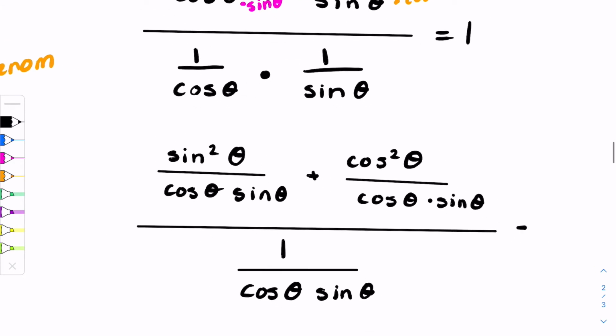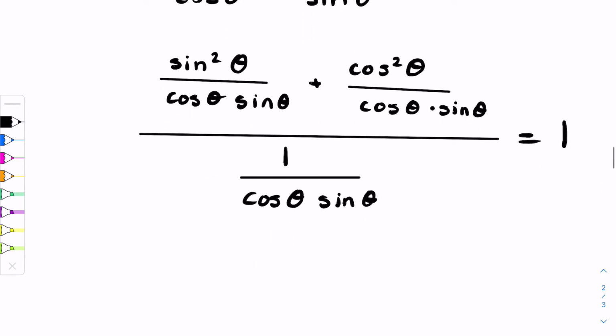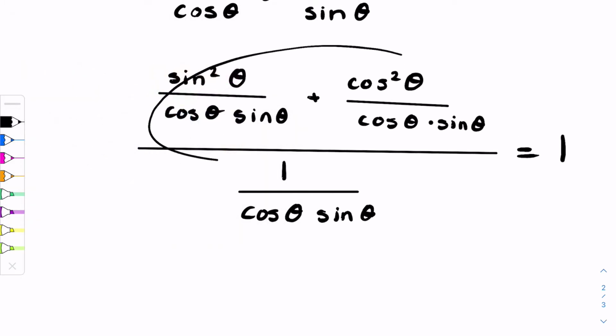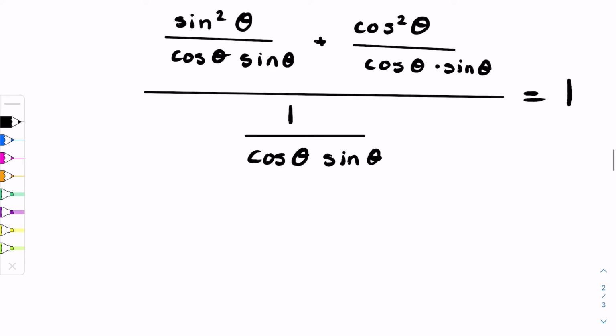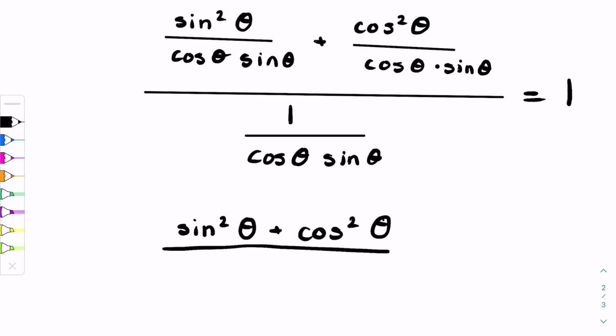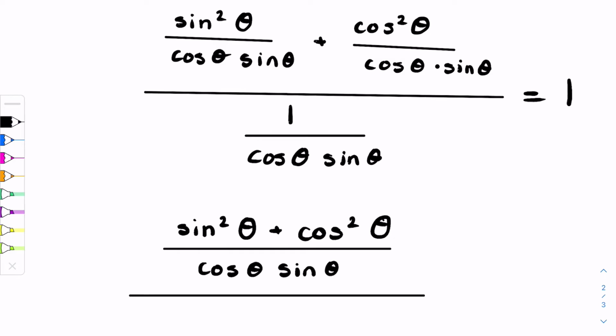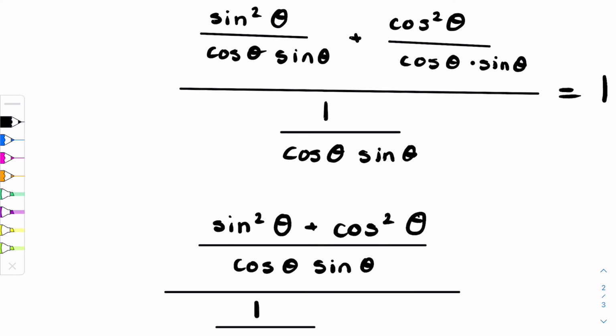And this is all equal to 1. Next, I'm going to add my numerators together in the numerator up here, leaving me with the expression of sine squared plus cosine squared, which is going to be a Pythagorean identity, divided by cosine times sine, all divided by 1 over cosine times sine.